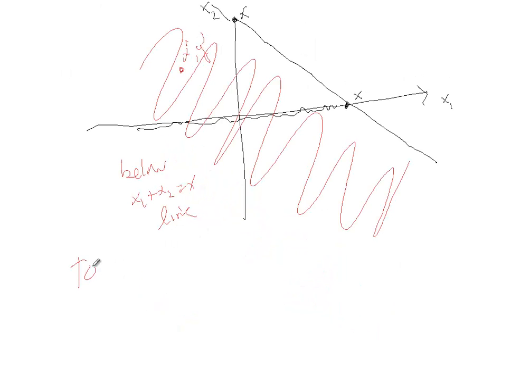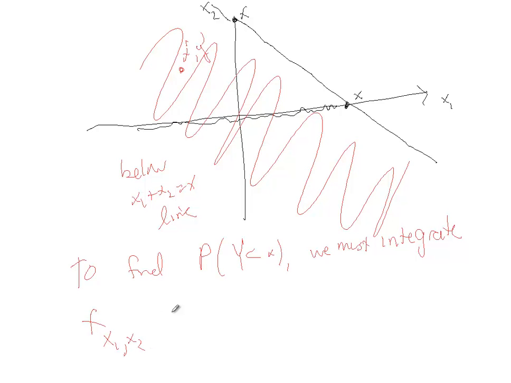And what are we integrating? We're integrating the joint density for X1 and X2. So we must integrate the density, which is little f of X1, X2, over the region shown.